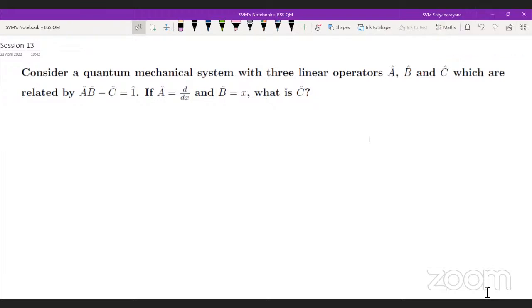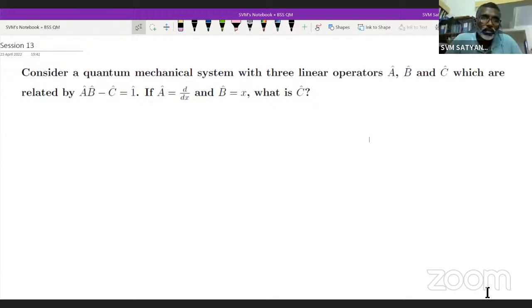Sir, in the operator section. Correct. You are thinking in the right direction. A little bit amplify what you are saying. Somehow we have to bring the wave function into the picture. That much you understood, right?